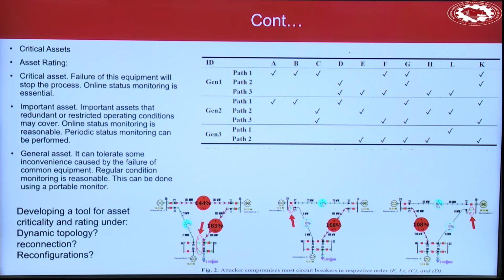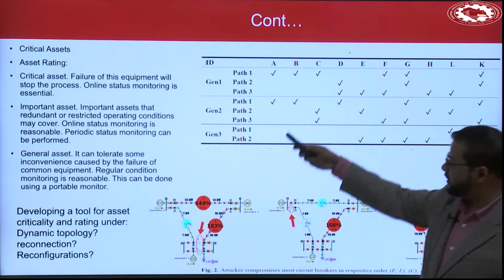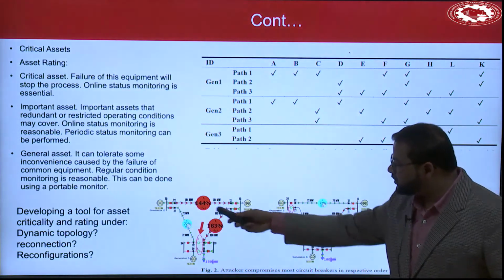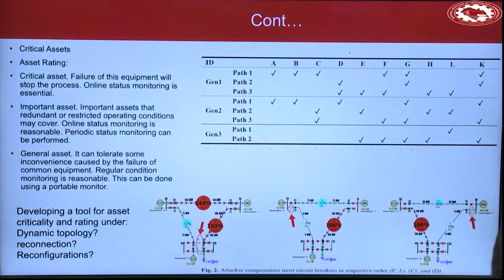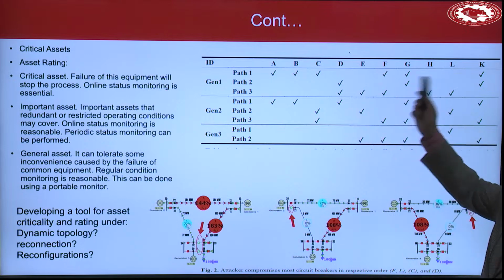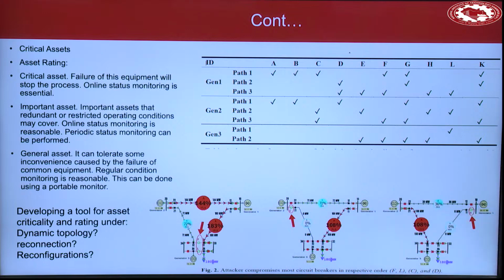So, for example, in this scenario, we have 3 generators. If you see here, these are generators, generators 1, 2, 3, and from these generators, I have several circuit breakers.